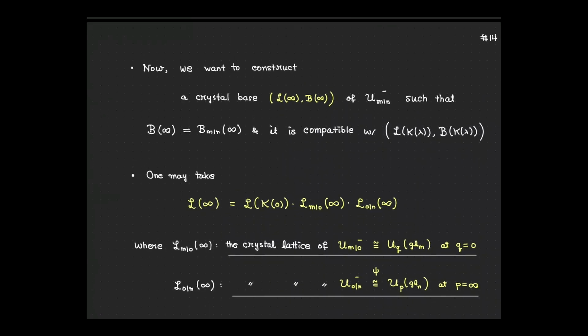So we want to construct a crystal base (L(∞), B(∞)) whose associated crystal is our limit, and which is also compatible with the crystal of the Kac module. So our lattice is defined: we define our lattice L(∞) as the product of the lattices L(∞) for m and n respectively.